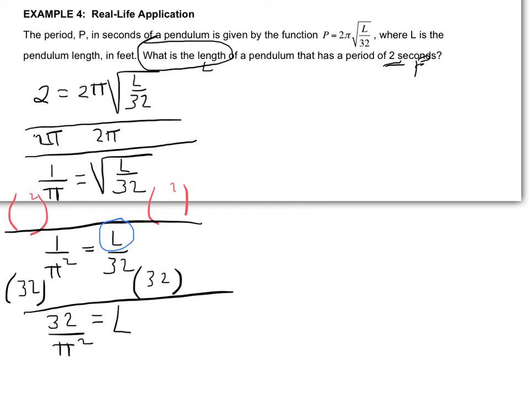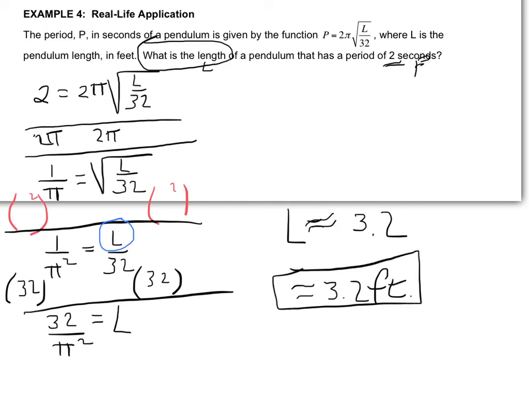Well, again, we probably really wouldn't leave an answer as 32 over pi squared. So this is where your calculator comes in, and we would run our calculator numbers, and we would say that L is approximately 3.2. So the pendulum length is approximately 3.2 feet.